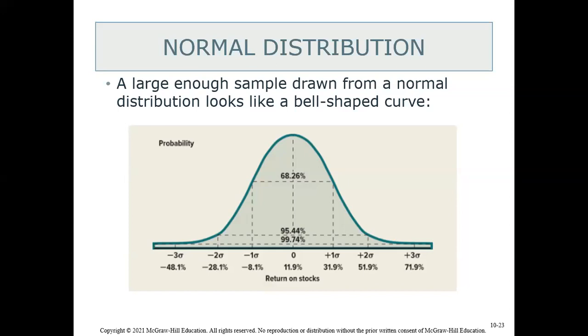So what this is telling us, though, is what the probabilities are that your stock return, your investment's return, will fall in a certain range. And then you have to decide, based on the mean and the standard deviation, if that's a risk or chance you want to take. So if you want to have a 12% return on your investment, there's a 99.74% chance you will.